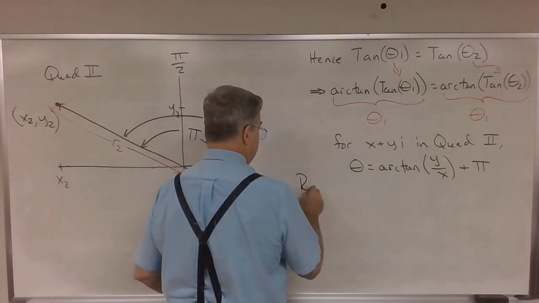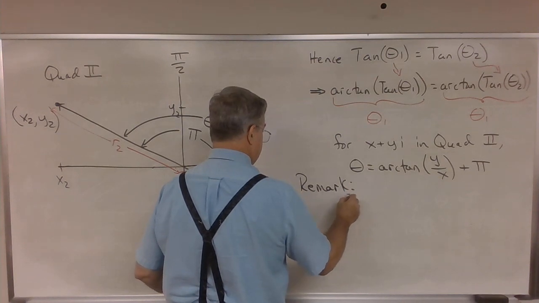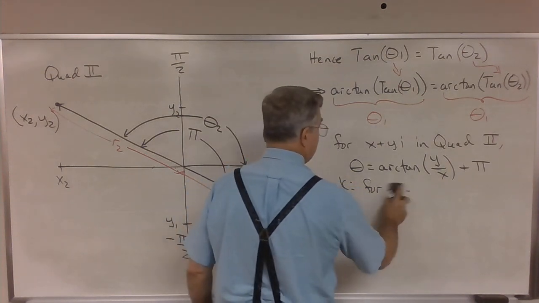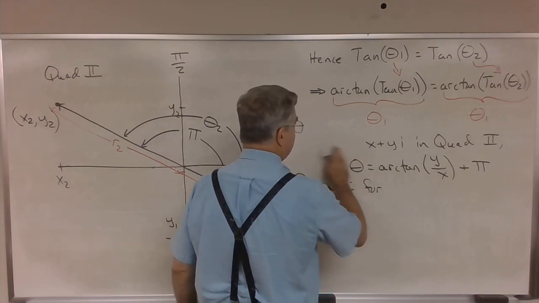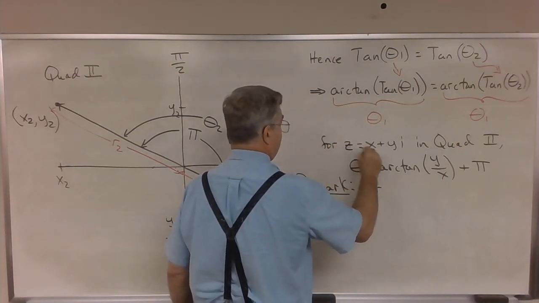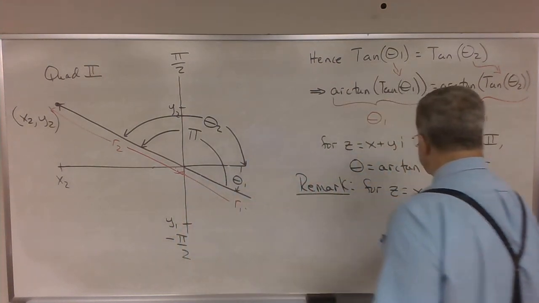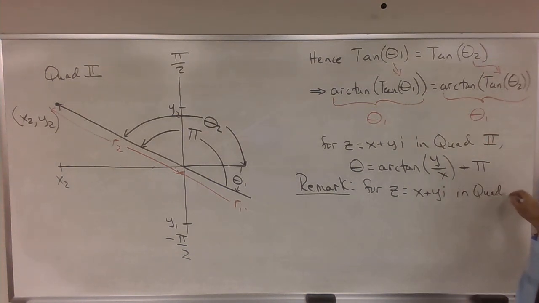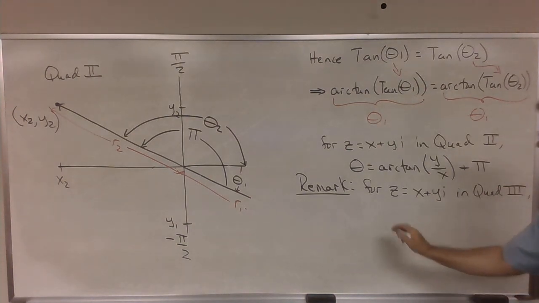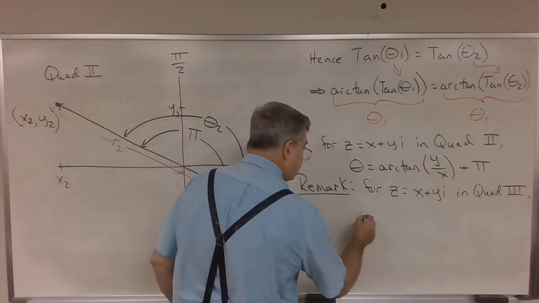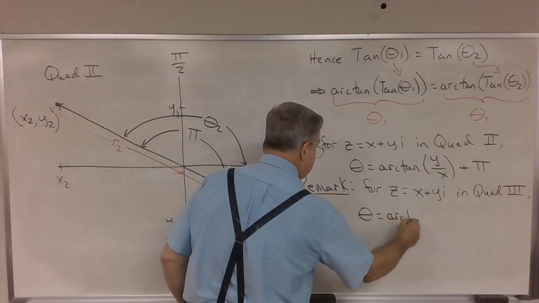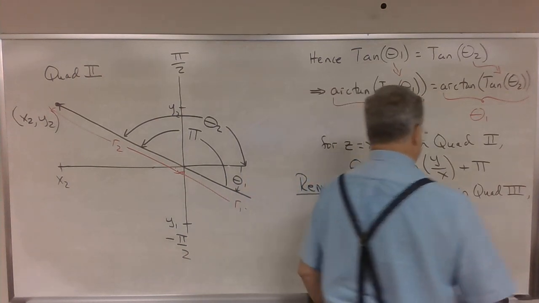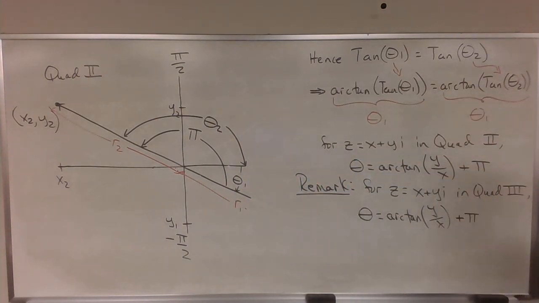So instead of going through all of this again, if we have a complex number in quadrant 3, theta is the arctangent of y over x plus pi.